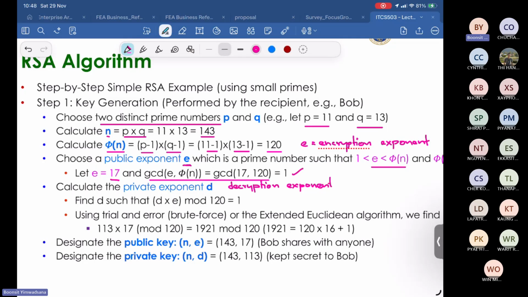As I said earlier, the decryption exponent has to somehow be related to E. So we come up with this constraint. D has to be chosen such that D multiplied by E, mod phi n, must be equal to 1. In other words, D times E mod phi must be equal to 1.